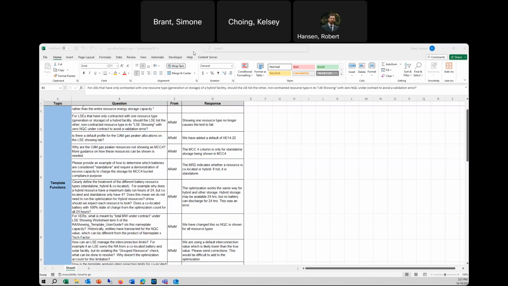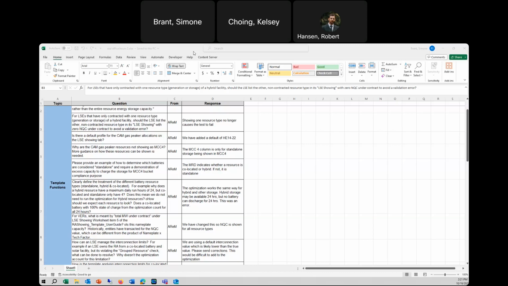It's likely a carryover because we did take your feedback and change the showing, so you show the NQC for solar and wind rather than the total megawatts under contract. Okay.